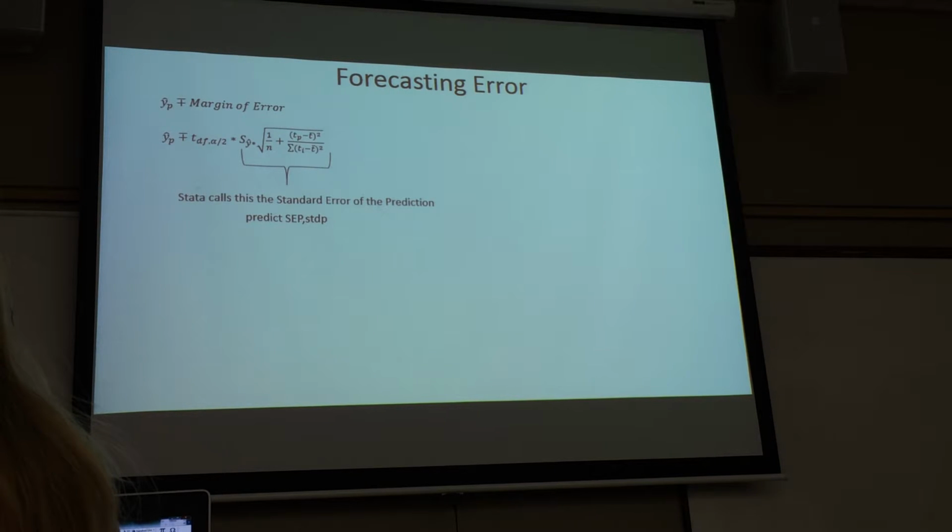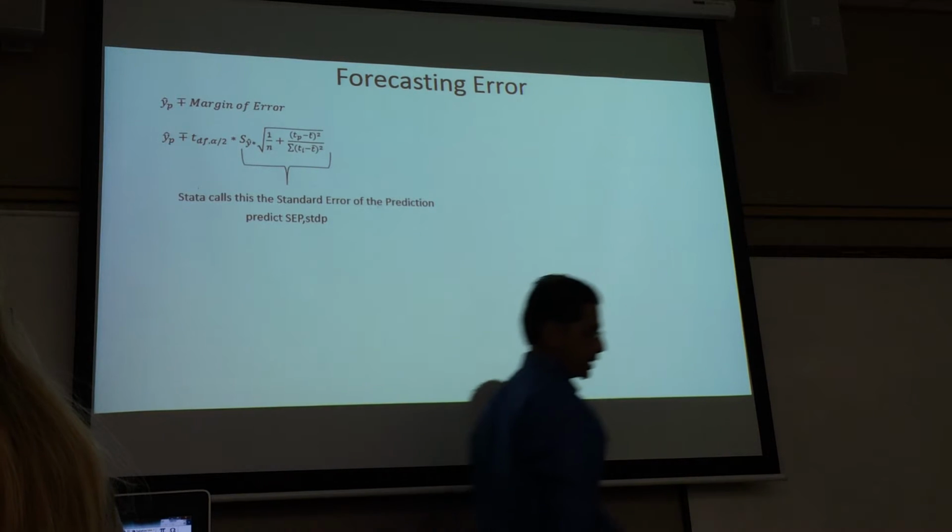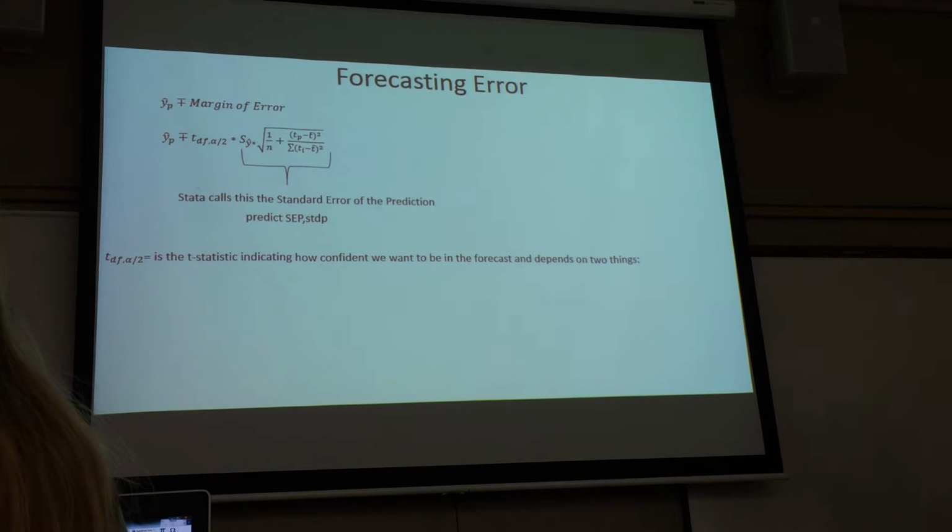So alpha is going to be our significance level. You can see it there. DF is degrees of freedom. I think I would put all this in the PowerPoint. So here we go.